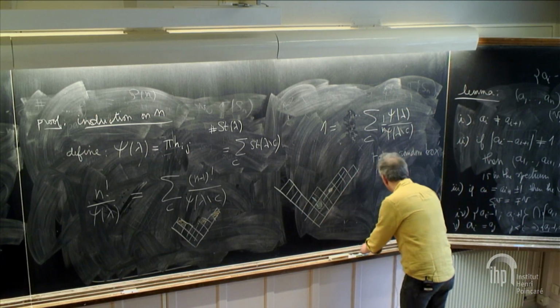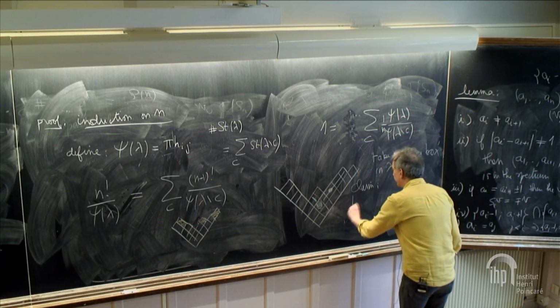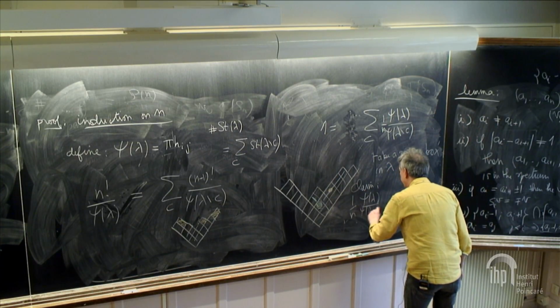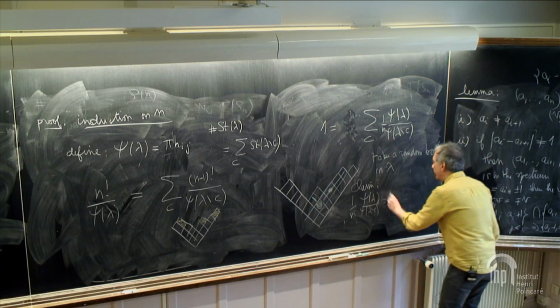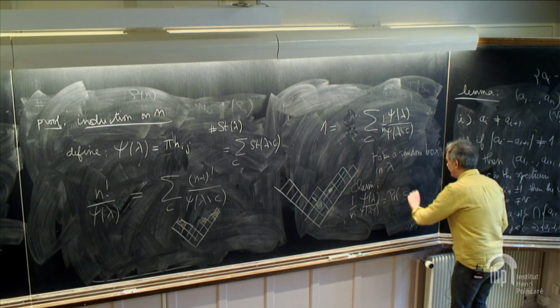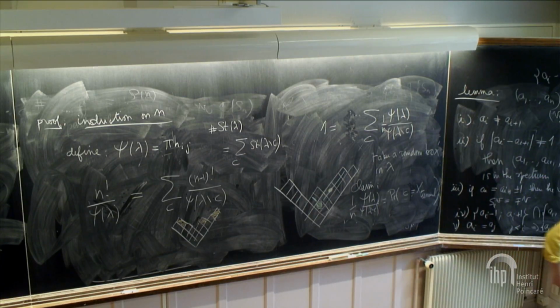And what I claim is that 1 over n, psi of lambda over psi of lambda minus c, is the probability of getting c, so that c is the terminal state in my Markov chain.